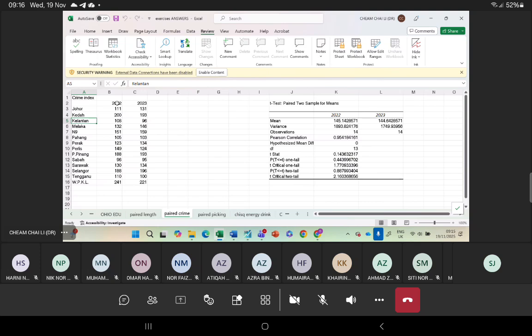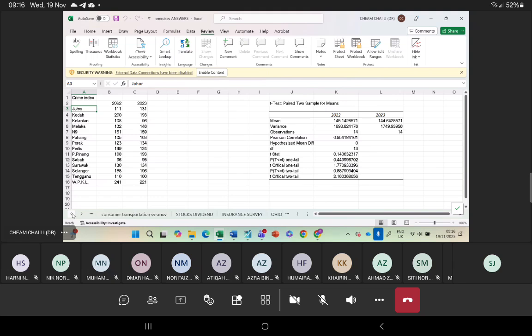In 2022, Johor has a crime index of 3.1. In 2023, the crime index increased slightly to 131. So yang ni adalah paired sample because the two values are referring to the same source. Maksudnya dia punya sumber location adalah sama, right?